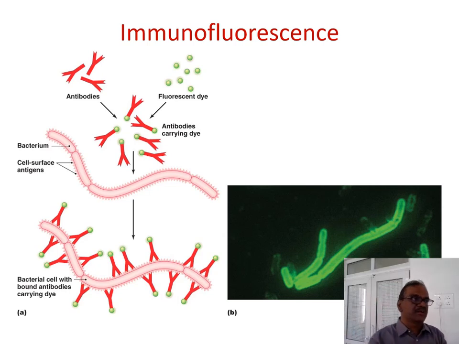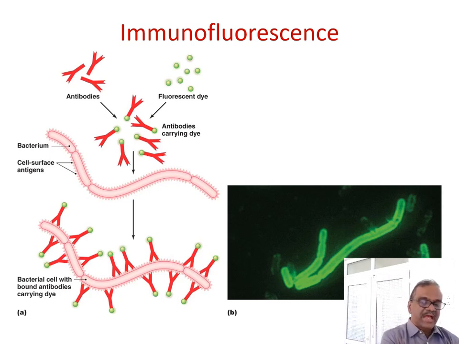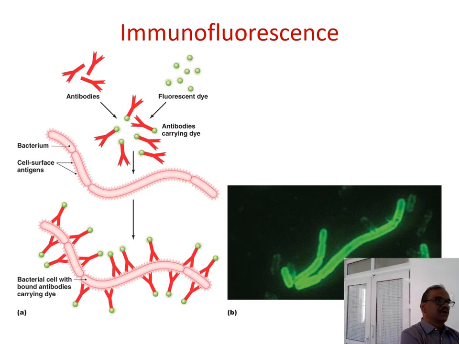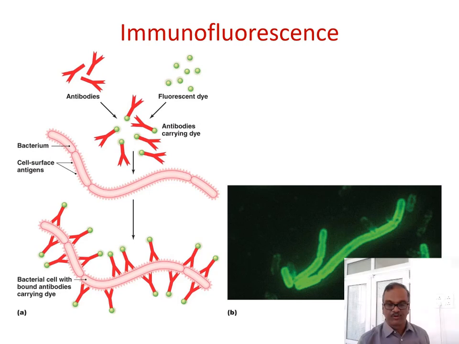Easily you can detect where the antigen is present. Is it clear? Just observe the red color and green color. Green color are the fluorescent bodies. The red color is antibodies. So they carry the fluorescent dye, and when the cell is present, wherever that particular antigen is present, this antibody goes and binds, and you can easily observe under the microscope. Okay. So right, this is immunofluorescence.